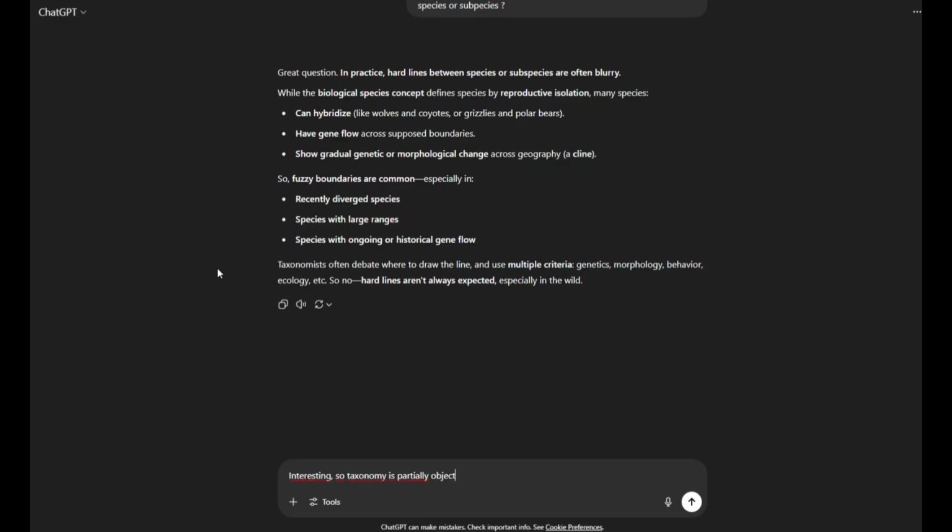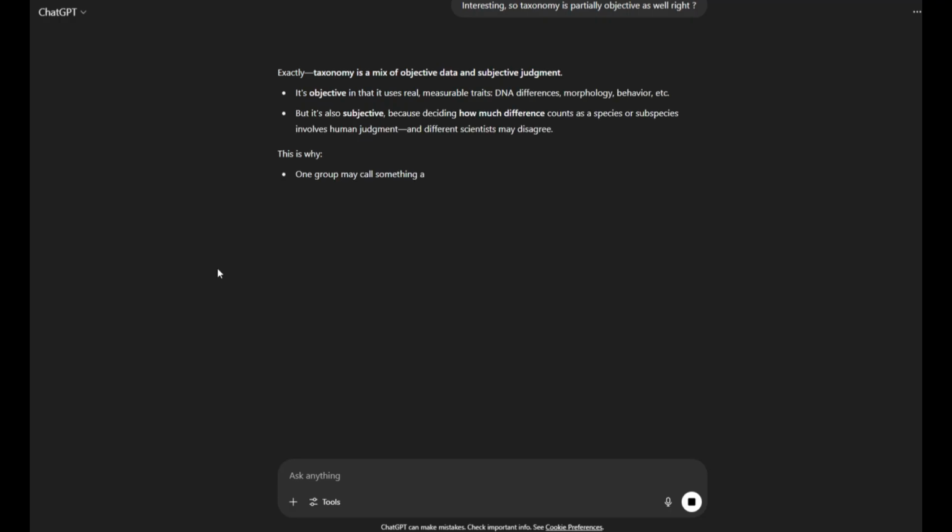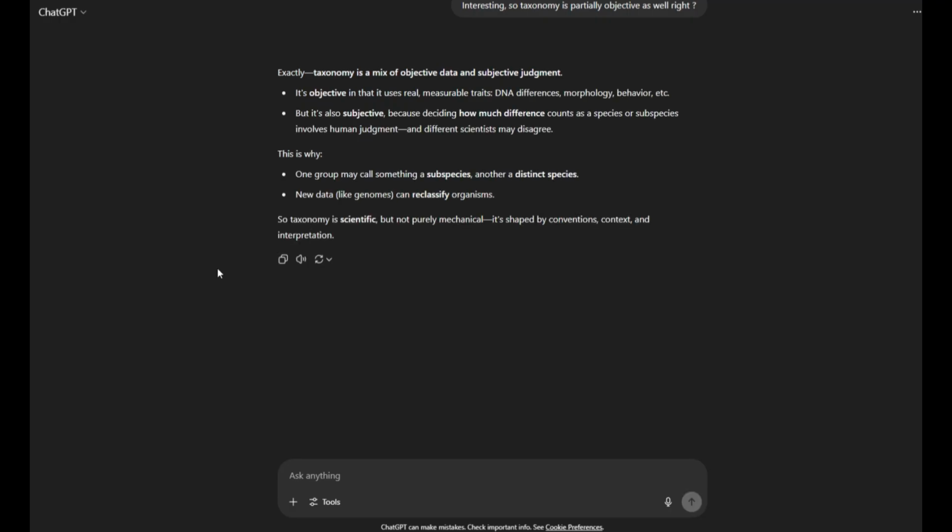Interesting. So taxonomy is partially objective as well, right? Exactly. Taxonomy is a mix of objective data and subjective judgment. It's objective in that it uses real, measurable traits: DNA differences, morphology, behavior, etc. But it's also subjective because deciding how much difference counts as a species or subspecies involves human judgment, and different scientists may disagree.